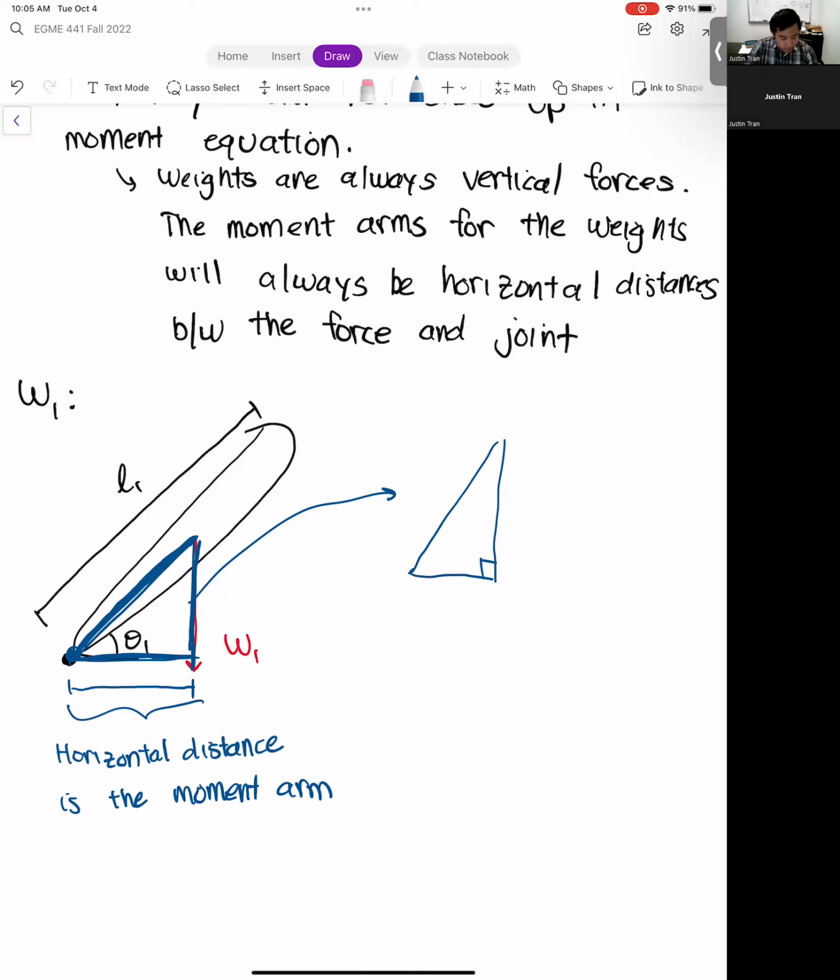We know the angle at the bottom of this triangle, so we know that this angle is theta 1. And we know the hypotenuse of this triangle because we know that W1 is acting halfway up L1. And so this hypotenuse is actually going to be L1 divided by 2.